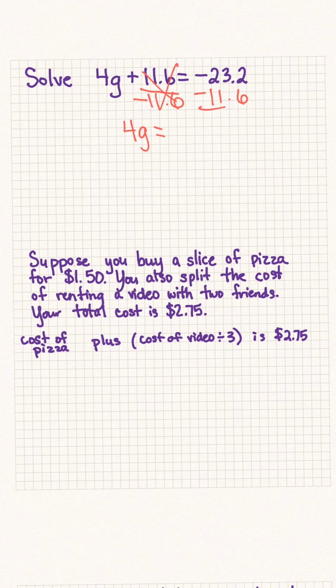equals, when we have a negative and we're taking a negative away, it's like adding them together. So we're going farther back on the negative, 34.8. We're going to divide by 4.